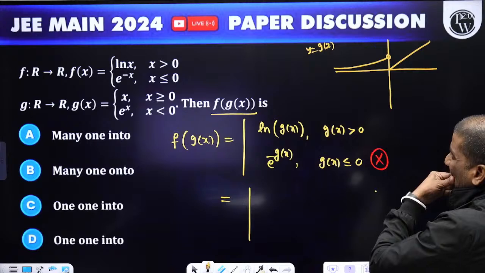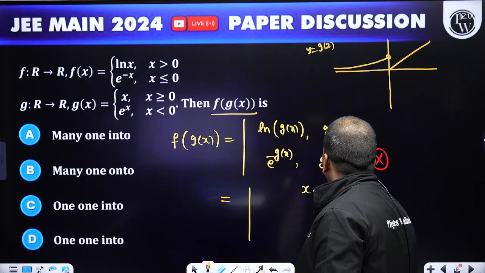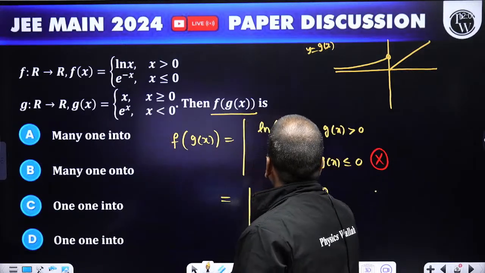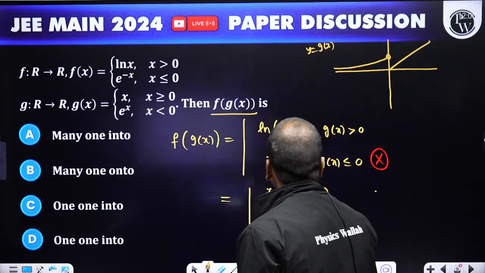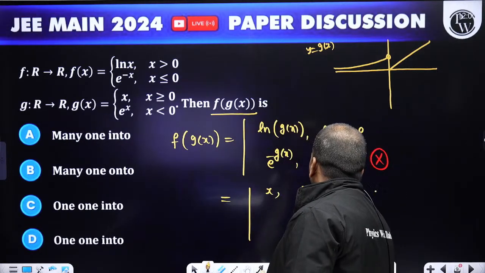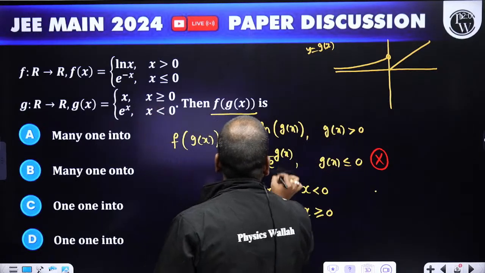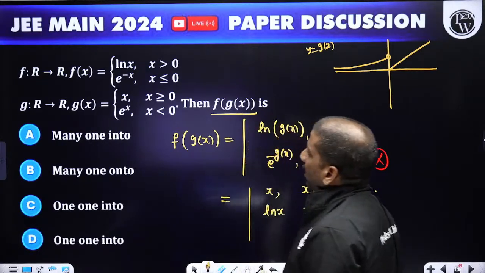When x is less than 0, what is g of x? g of x is equal to e power x, ln of e power x, which is x only. Next, x greater than or equal to 0: here it is ln of x.